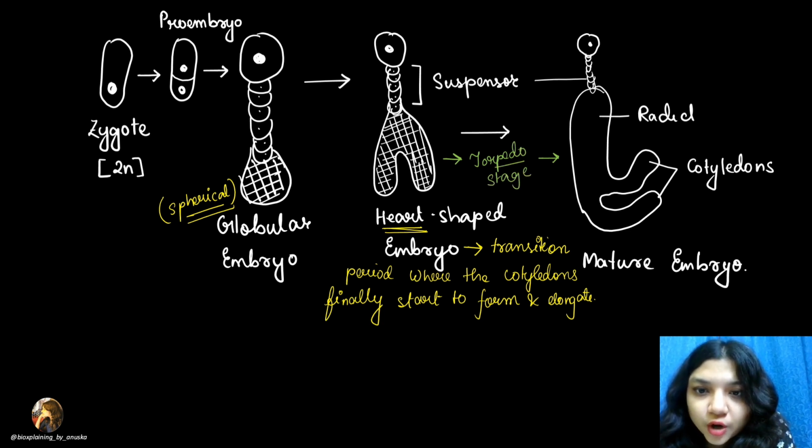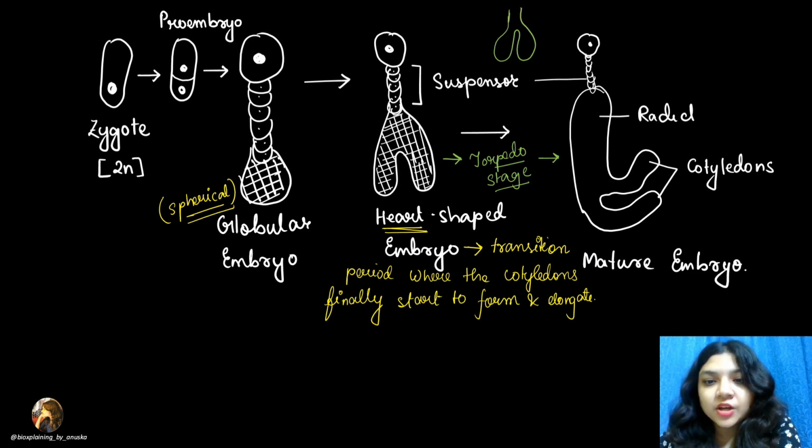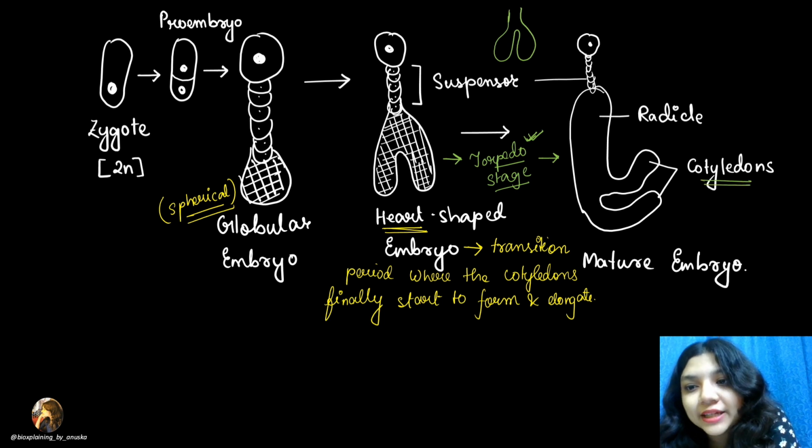Okay, so this torpedo stage is nothing but just this heart kind of deepens. So this heart deepens like this. Okay, so this torpedo stage also exists, but according to NCERT, right after the heart-shaped embryo, the mature embryo has been mentioned.